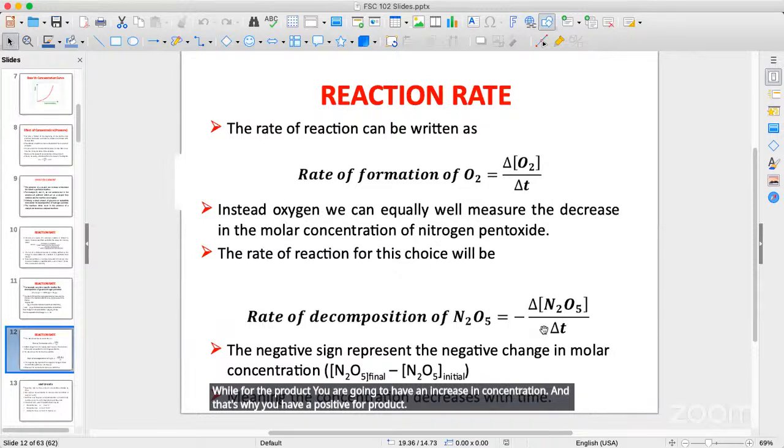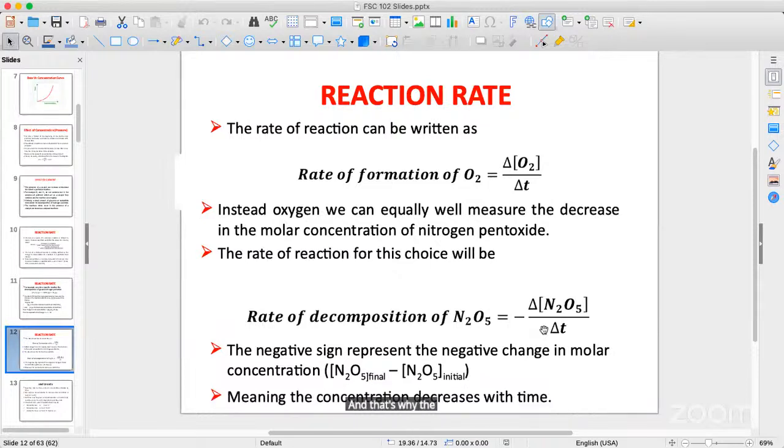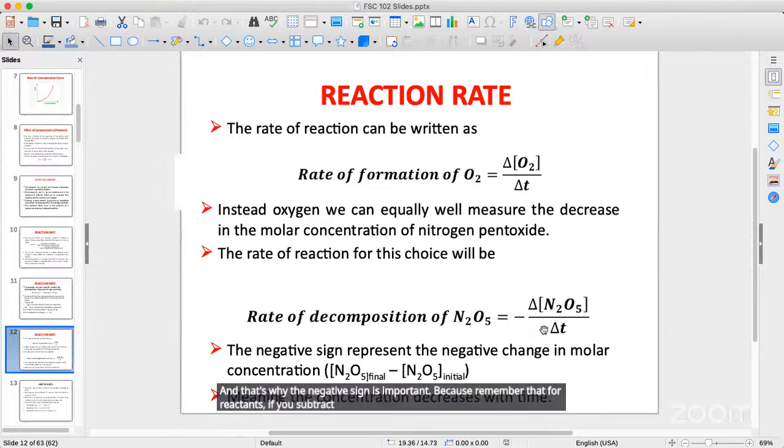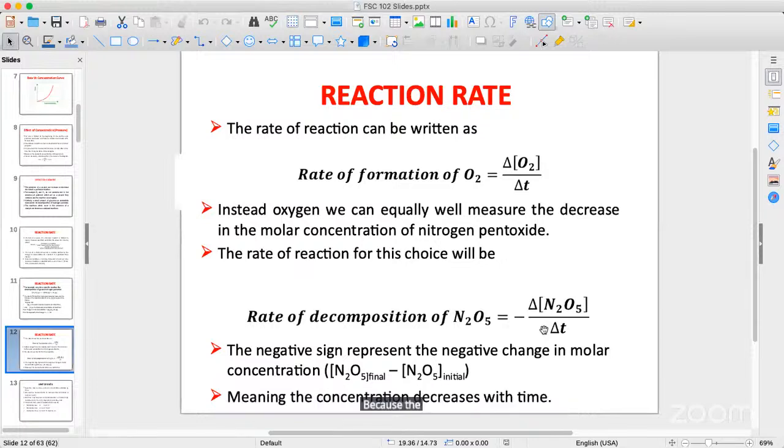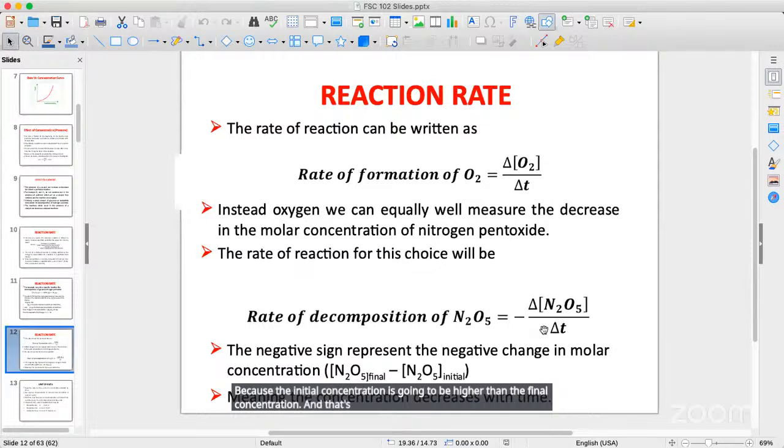And that's why the negative sign is important. Because remember that for a reactant, if you subtract the initial from the final, you're going to have a negative sign, because the initial concentration is going to be higher than the final concentration. And that's why you have that in brackets there.